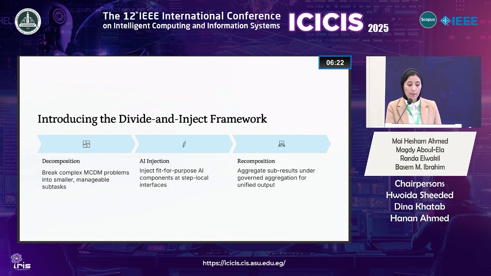Our framework is simple. It has 3 steps. First one is decomposition. We're going to decompose the problem into simple sub-problems, and then at each sub-problem, we're going to inject the suitable AI technique for it, and then we recompose all the results to have the final results.